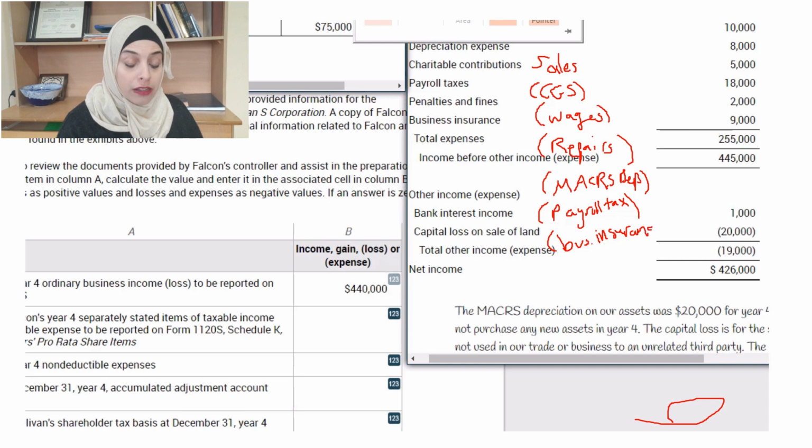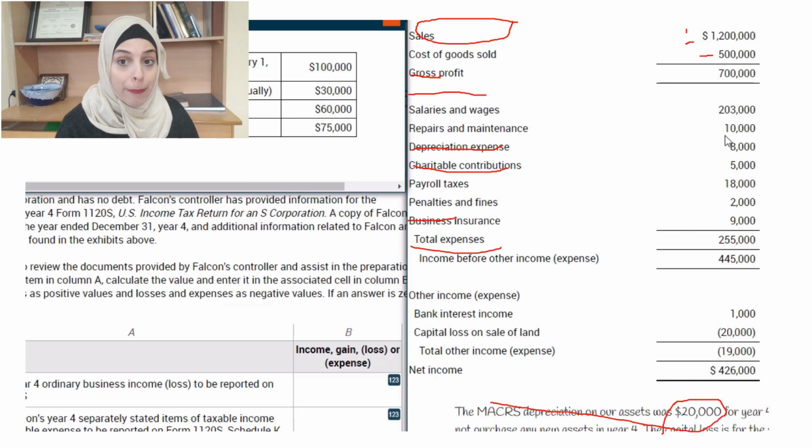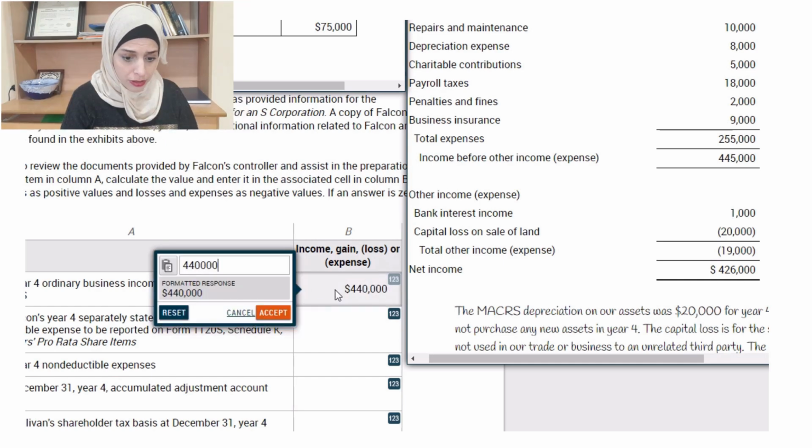So sales of $1,200,000 minus cost of goods sold of $500,000, wages of $203,000, repairs and maintenance of $10,000, MACRS depreciation of $20,000, payroll taxes of $18,000, and business insurance of $9,000, which will give us $440,000.